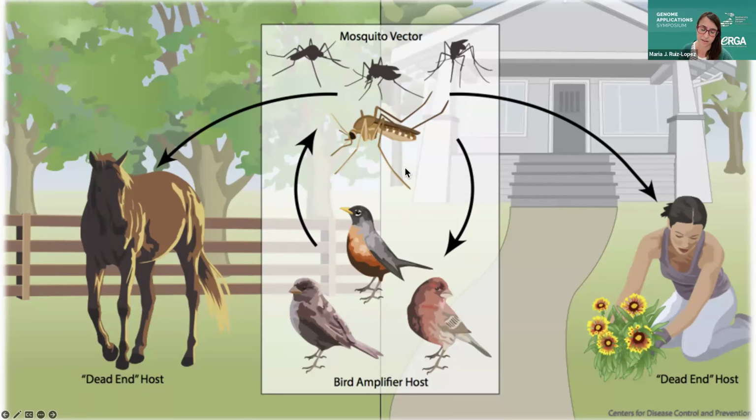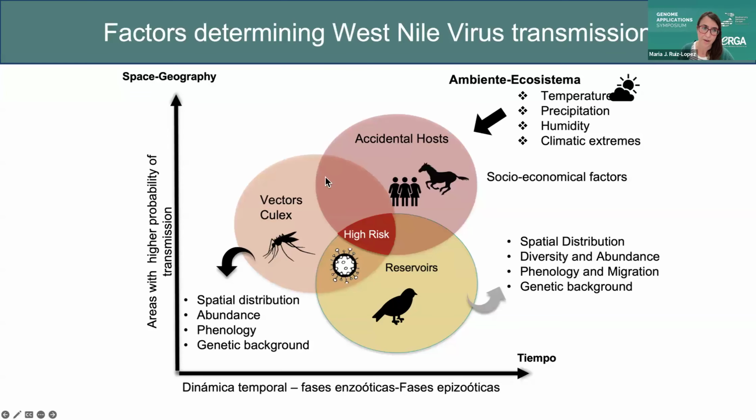One of the major problems in studying West Nile virus is that it has a very complex ecoepidemiology, with a lot of factors influencing virus transmission, including which are the vectors and the reservoirs. This influences when it spills over to the accidental hosts, the humans and the horses.